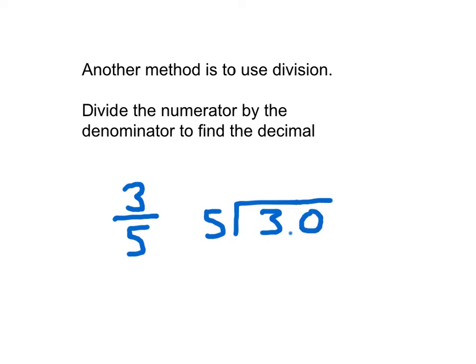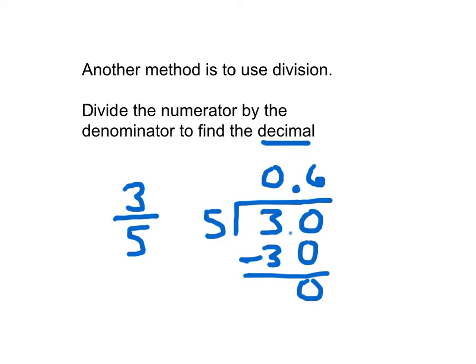Those are still equivalent. 5 cannot go into 3, but 5 can go into 30 6 whole times, because 6 times 5 is 30. 30 minus 30 is 0, and then we count the number of decimal places we have. We have 1 here, therefore we have 1 within our quotient as well. So we have 0.6 for our decimal.